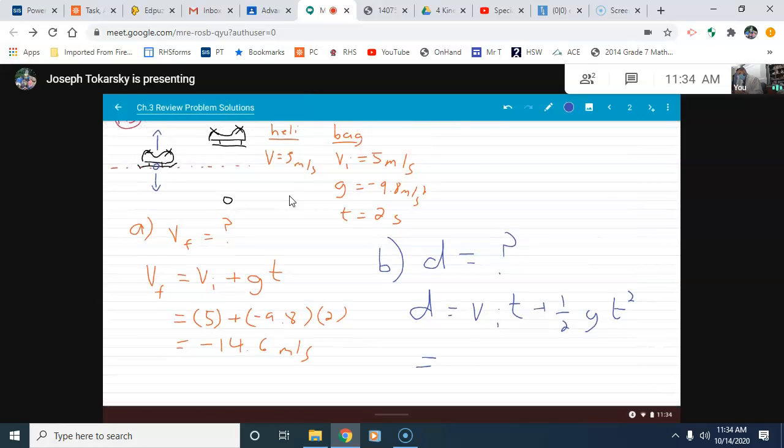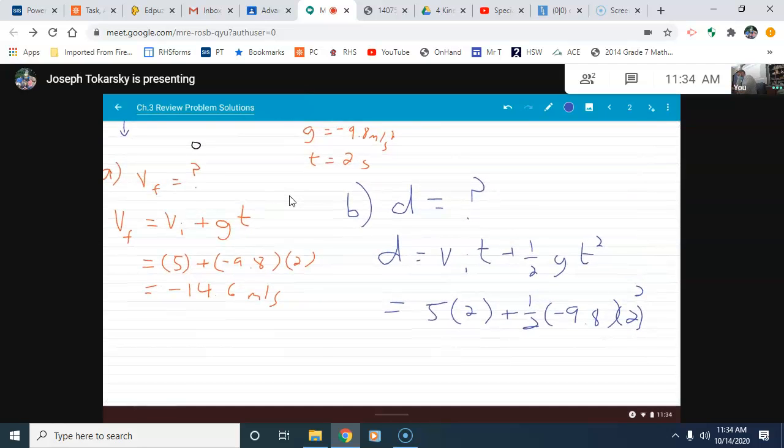Plug in the numbers, that's 5 times 2 plus 1/2 times negative 9.8 times 2 squared. We're going to get out negative 9.6, and negative just represents that it's on its way down.